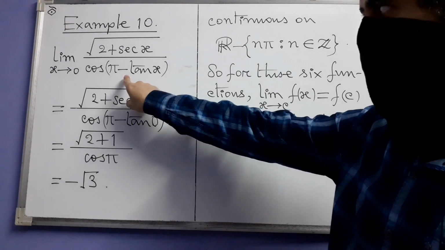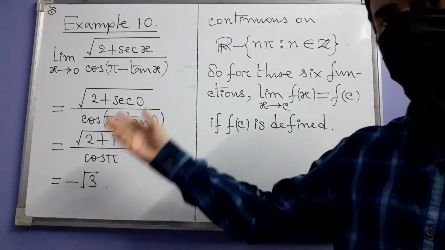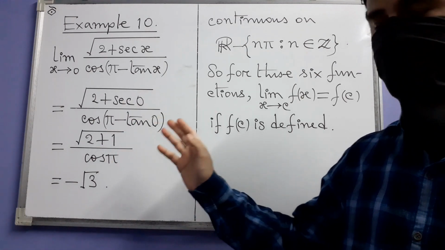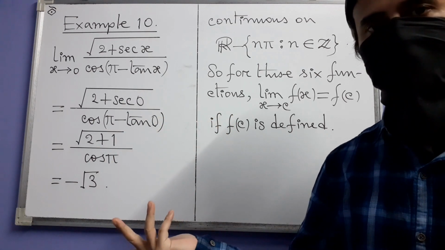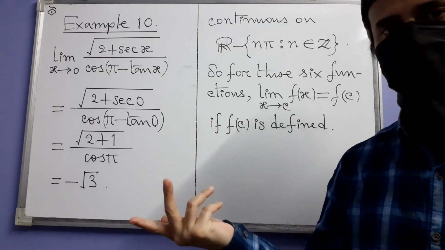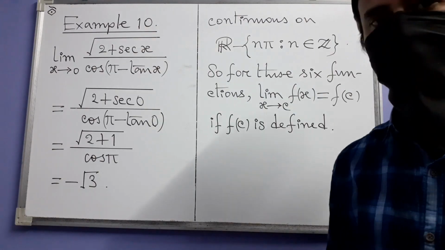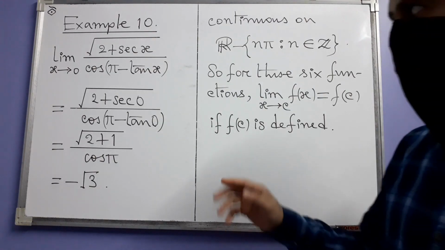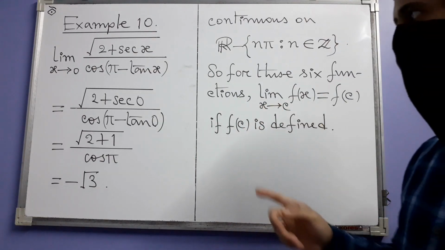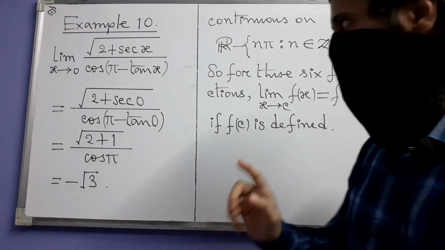So let's see that. So we see example 10, and here we are going to use this fact. The limit we have to calculate is this. It involves trigonometric functions, but it's not simply just one trigonometric function, like the limit of tan x at some point. It's a combination of trigonometric functions. But anyway, we have this fact. So from this fact, what do we know?